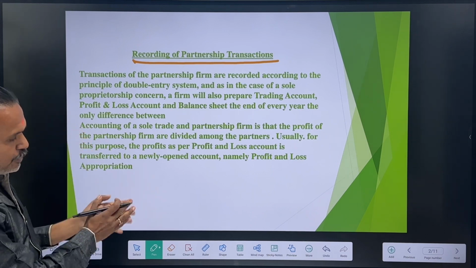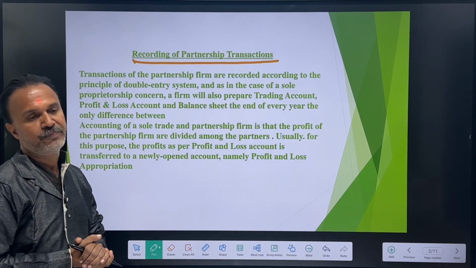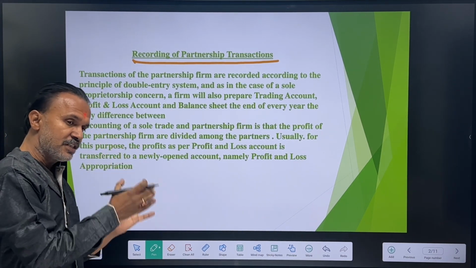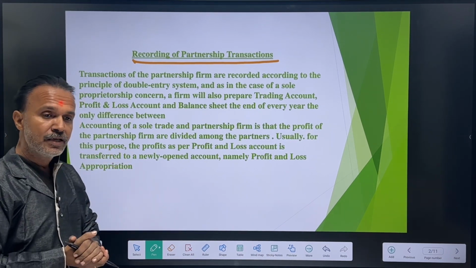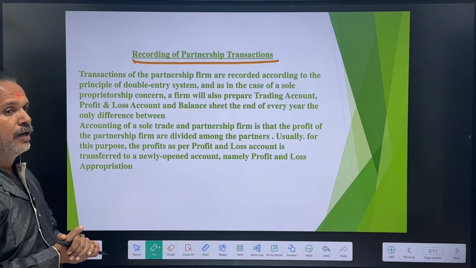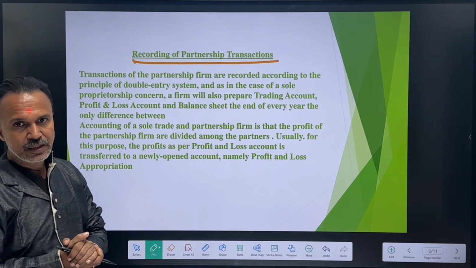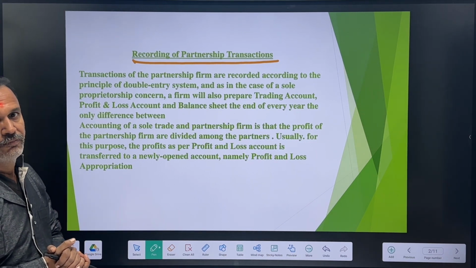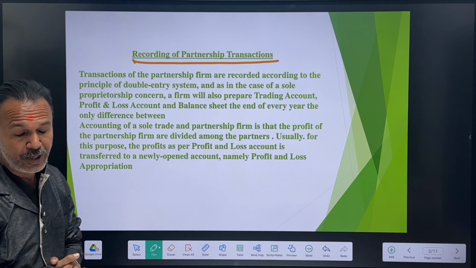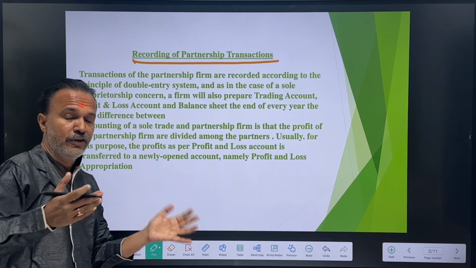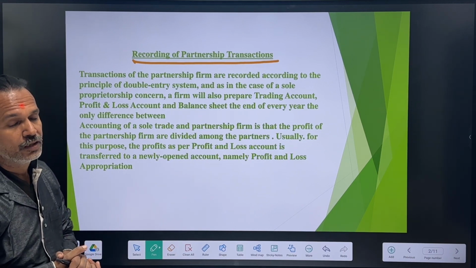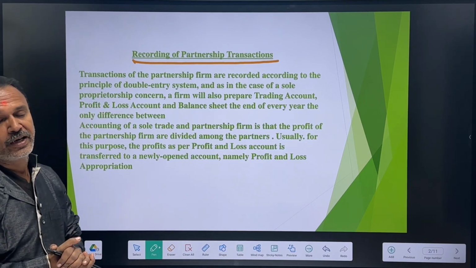The difference between a sole proprietorship firm and a partnership firm is that the profit of the partnership firm is distributed among partners in their profit sharing ratio. But the profit of a sole proprietorship firm is not distributed to anyone. The profit goes into the pocket of the sole proprietor only.